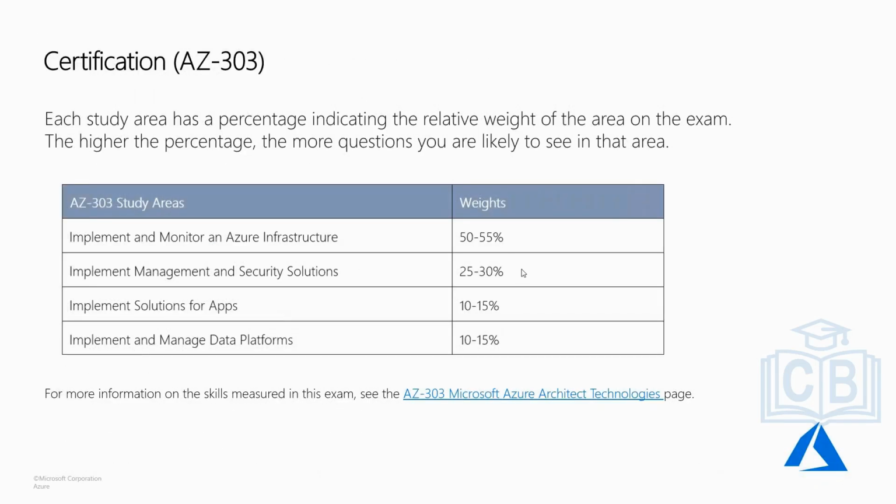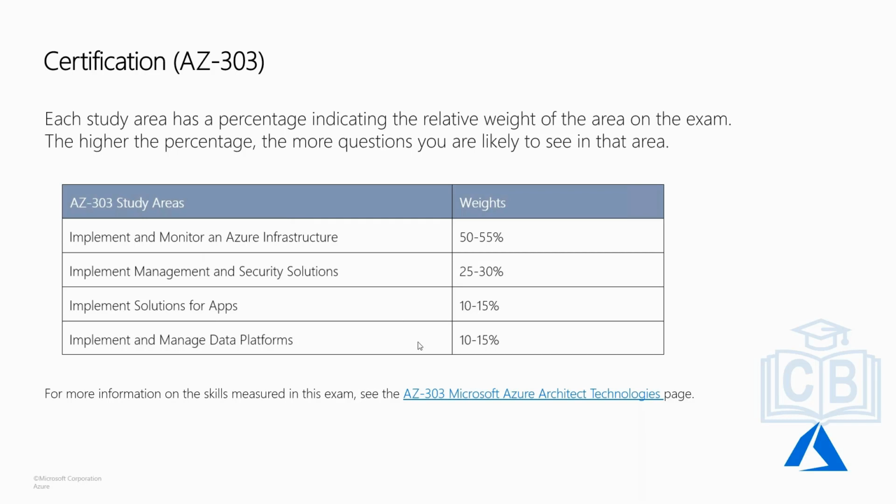If you look at the percentage distribution, maximum weightage is for Azure infrastructure. So Chenna would have an upper hand over here since he has already worked on the infrastructure piece. But I would say others also should start looking at the infrastructure components, because that is around half of it. You'll see around 55%.